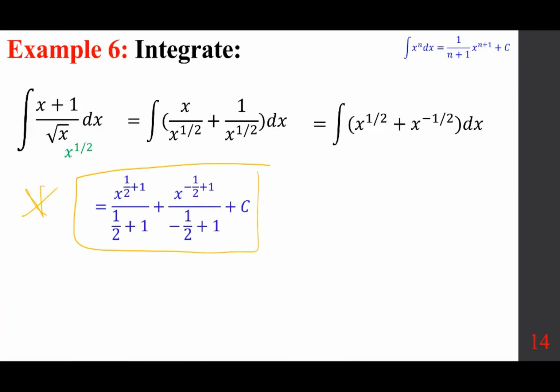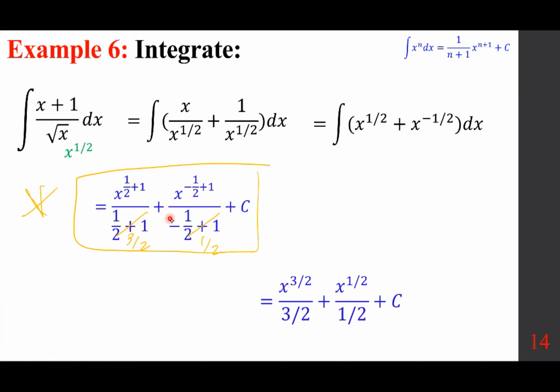We just have to rewrite it. Everything else has been algebraic steps, and from here on, the same thing. 1/2 and 1, 3/2, negative 1/2 and 1/2. When we divide by 3/2, we get 2/3.